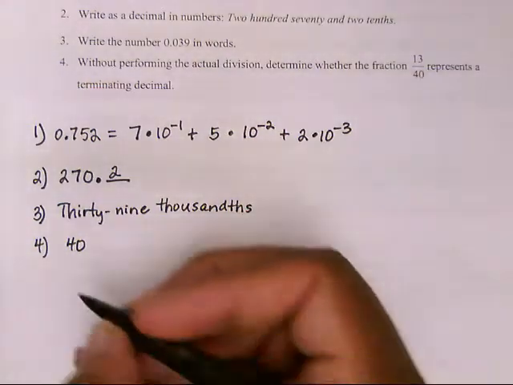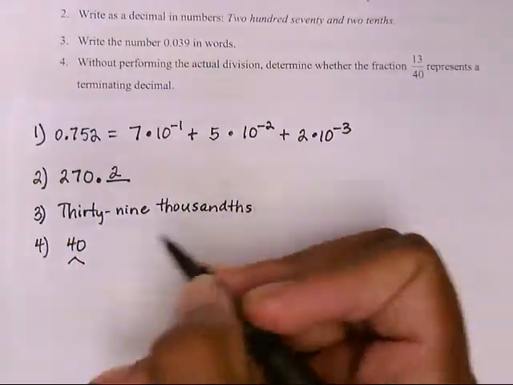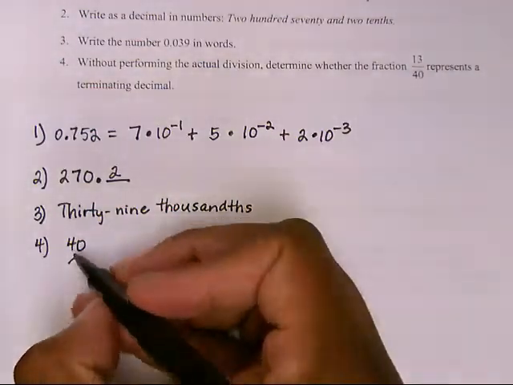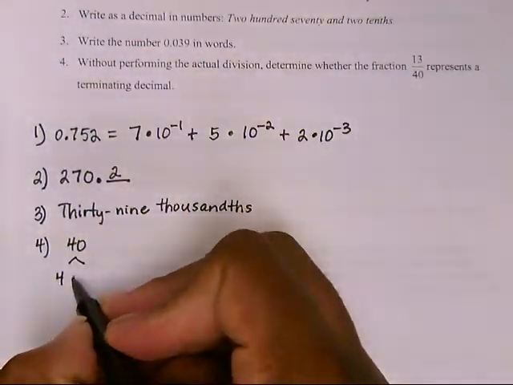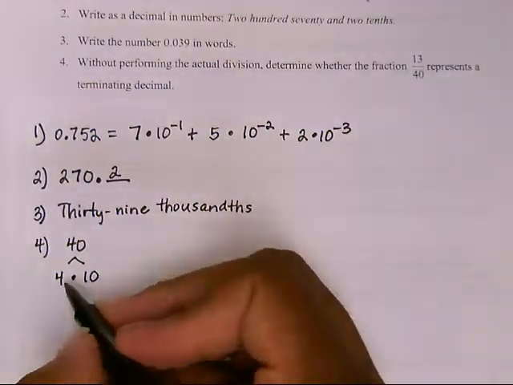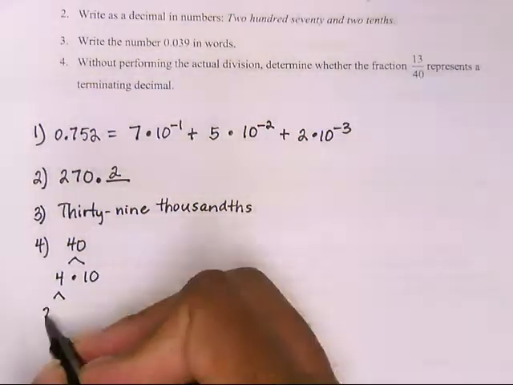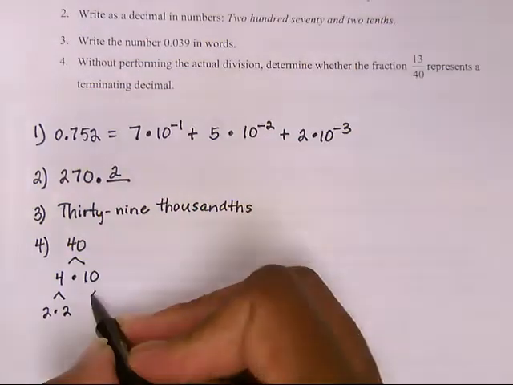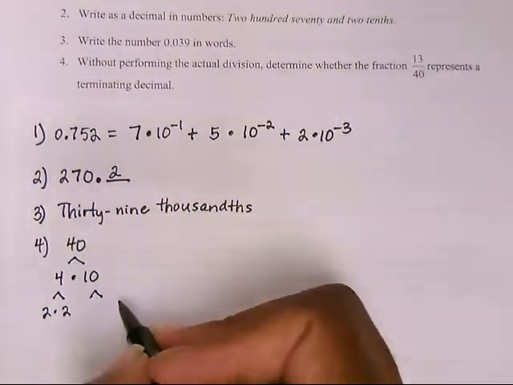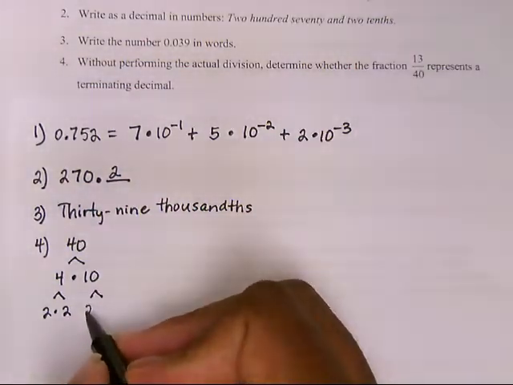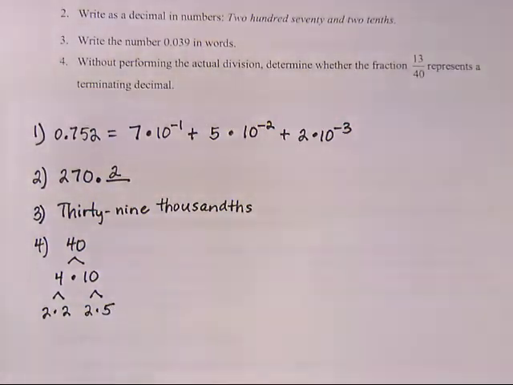So here I'm going to get the prime factorization of 40 using a factor tree. Let's see, 40 would be something like 4 times 10. We'll start with that. And then 4 can be broken up as 2 times 2. 2 is a prime number. And then 10 can be broken up as 2 times 5. 5 is a prime number.